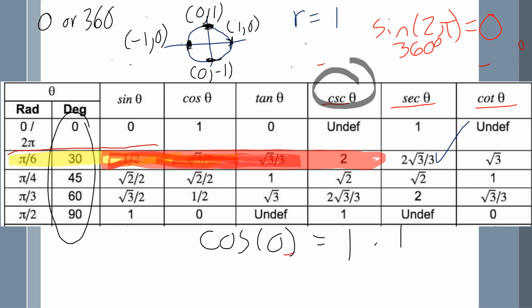But if I ask you for tangent of 0, we know 0 divided by 1 is 0. So what does it mean for something to be undefined? So let's do cosecant then. So we know cosecant is the reciprocal for sine.